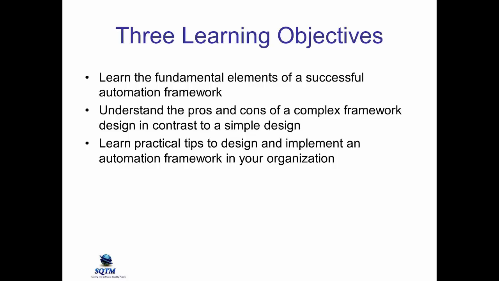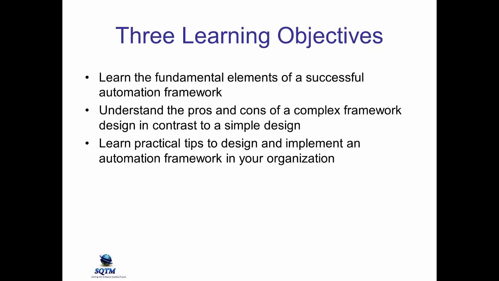There are 3 objectives we want to look at for this hour. First, we want to look at the fundamental elements of a successful automation framework. Automation and the term framework have been around for a number of years, but what are the common elements that make for a successful framework? Frameworks vary greatly in their complexity from one company to another, one project to another. We're going to look at the pros and cons of complex frameworks as opposed to simple frameworks, and there are reasons for both.